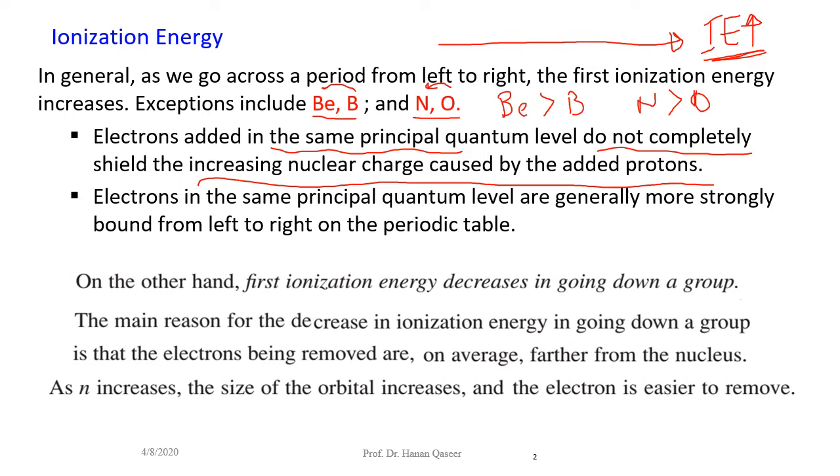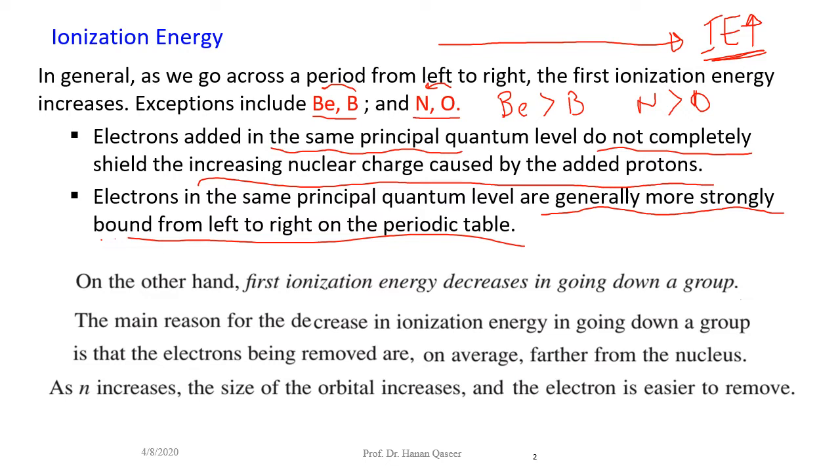So the main factor that affects the ionization energy is the positive nuclear charge. As the positive nuclear charge increases, ionization energy increases. Electrons in the same principal level are generally more strongly bound from left to right on the periodic table.